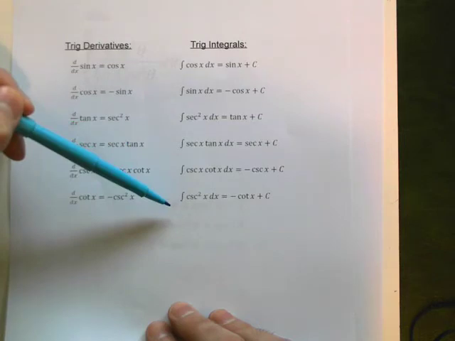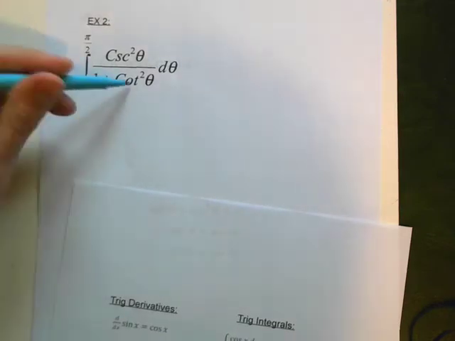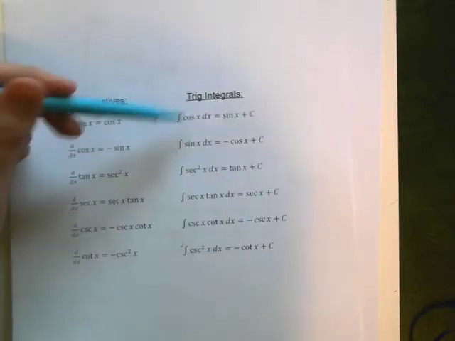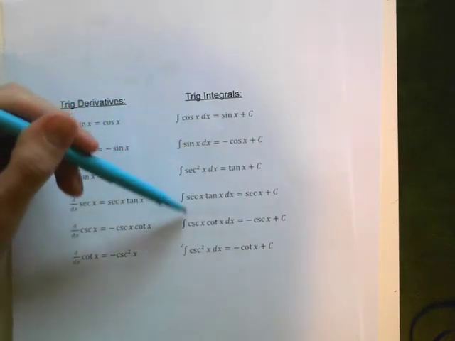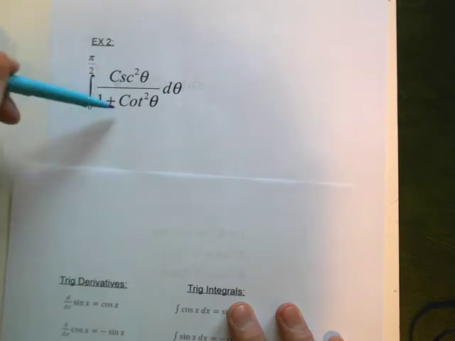And cosecant squared at the bottom, okay, possibly I could use this one, right? But then let's look at the denominator, 1 plus cotangent squared. That doesn't show up in any of our integrals. Either way, we've never talked about taking an integral when you're dividing. So it's not like we can just get a quick, easy answer from this.